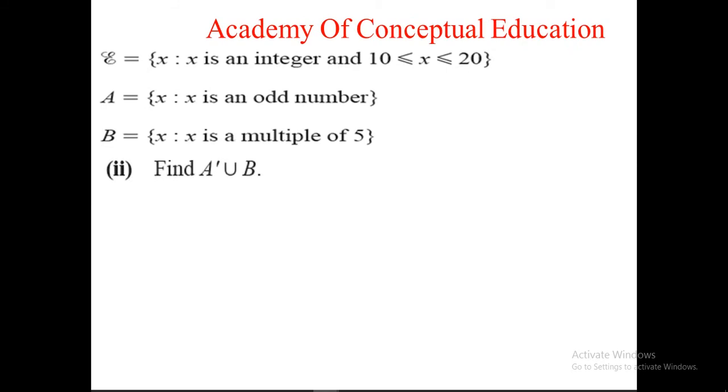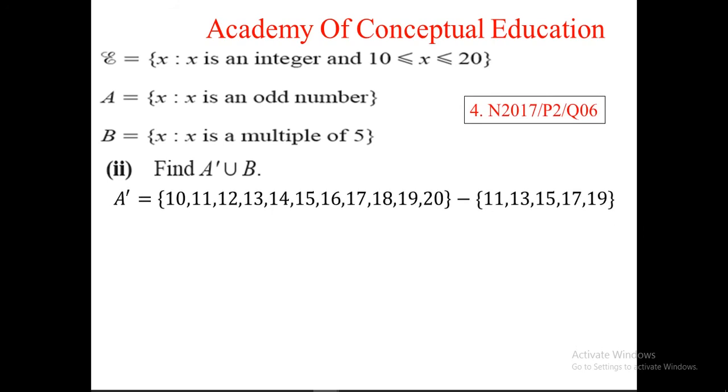Now let's move on to the second part. Here it is A complement union B. We have already discussed the set A. A complement means U minus A. So we will write the set U minus A. This is the set A, because A is the set of odd numbers.